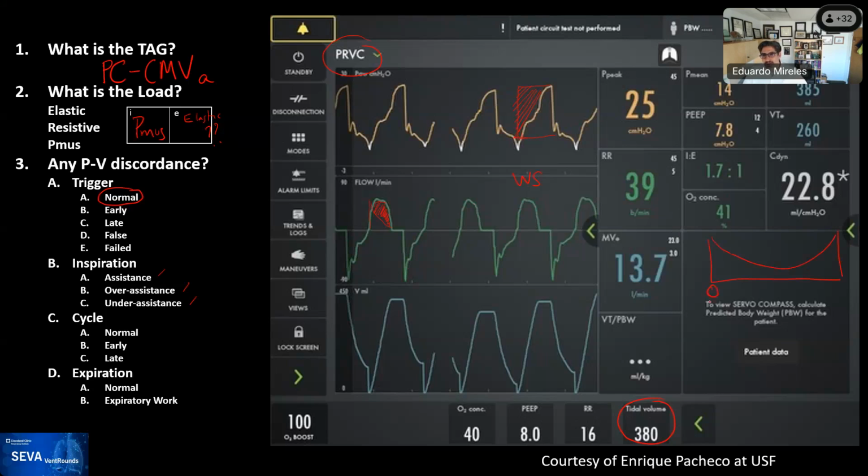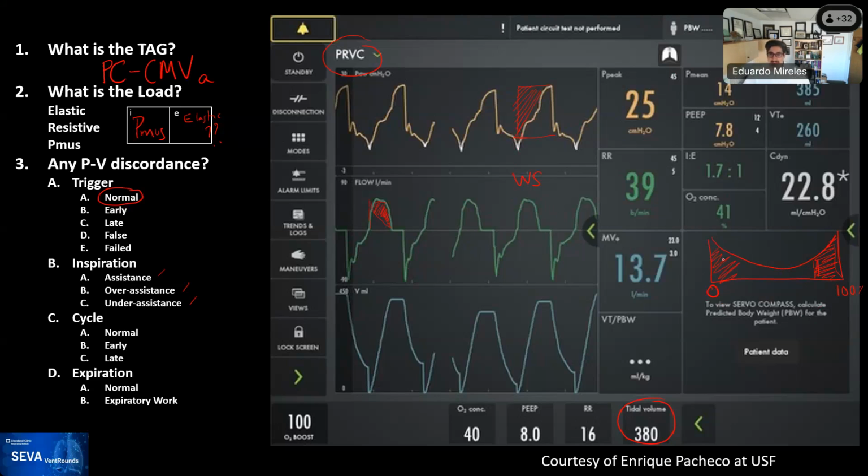So if I put here 0 work shifting and here 100% work shifting or more than that, so meaning that it goes negative, if it's unintentional, then you would say that this is over assistance. And then there's a range where there's work shifting, that you would call this under assistance. So really, I think that if you would look at this, you would say that there's severe work shifting and perhaps some under assistance. Rob, thoughts here?